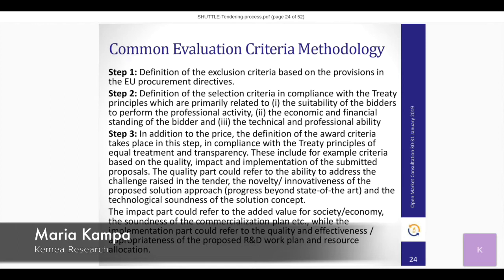Regarding the impact part, it could refer to the added value to the society or economy, or the soundness of the commercialization plan. While the implementation part could refer to the quality or effectiveness of the proposed R&D work plan and resource allocation.